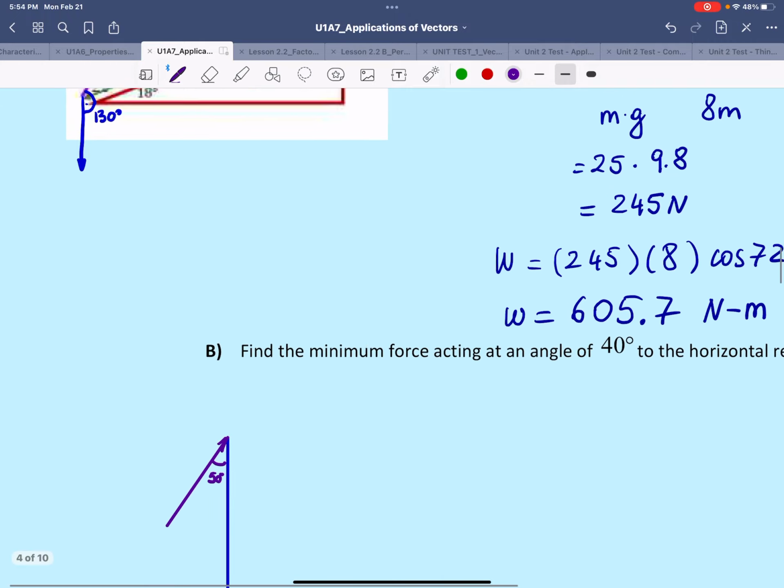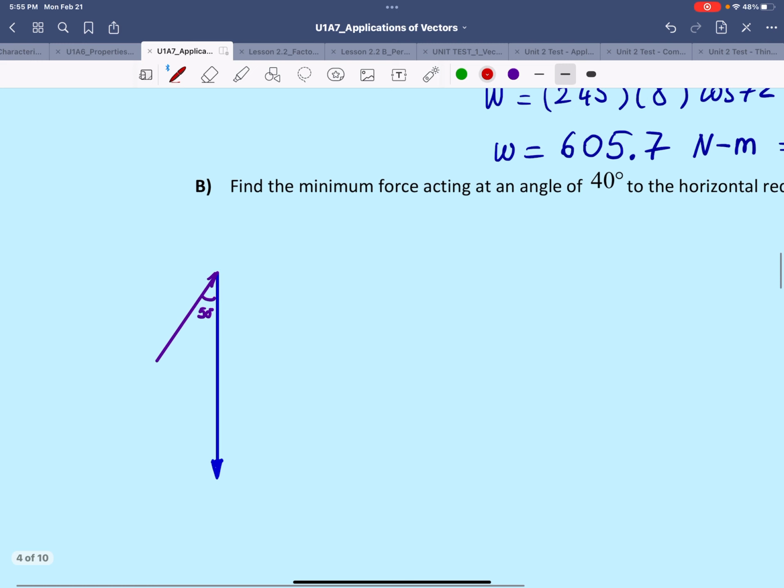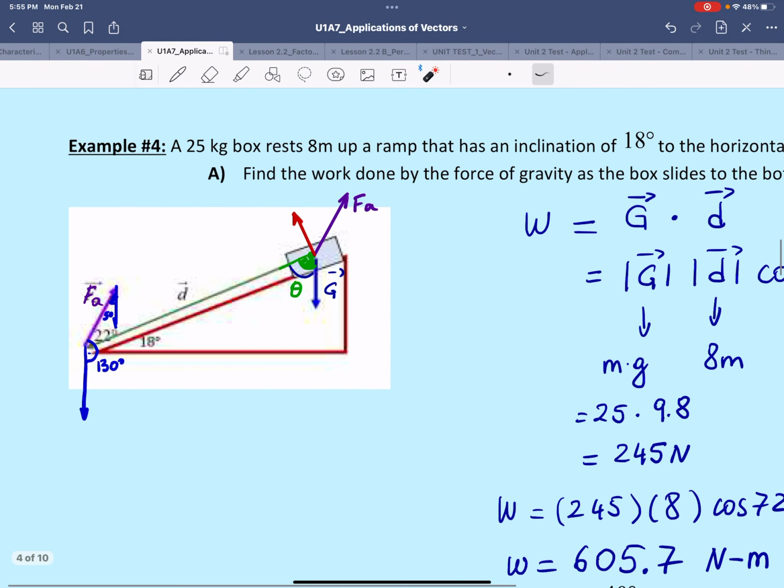So let's take a look now at the normal force. So I'm going to bring the normal force. The normal force has to go with the tail at the head of gravity and the head at the tail of force FA.